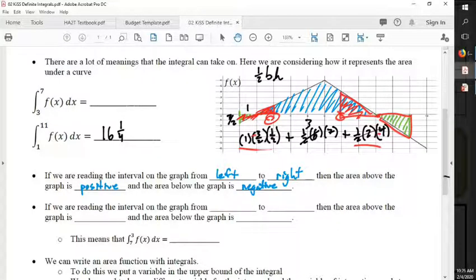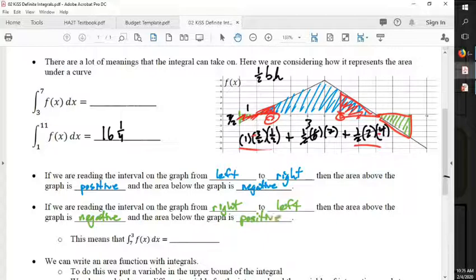Okay, the next one says, if we are reading the interval on the graph from right to left, so that's going backwards, the area above the graph is negative. The area below the graph is positive, so it switches.